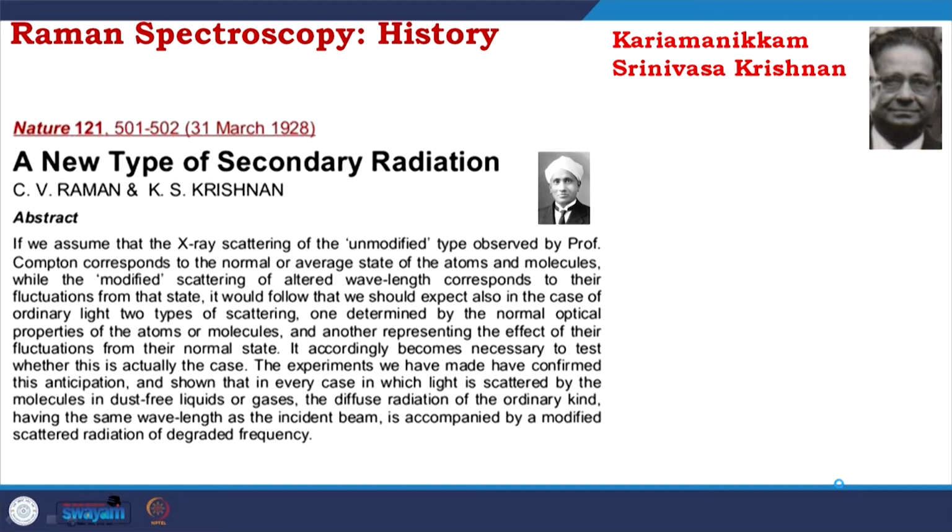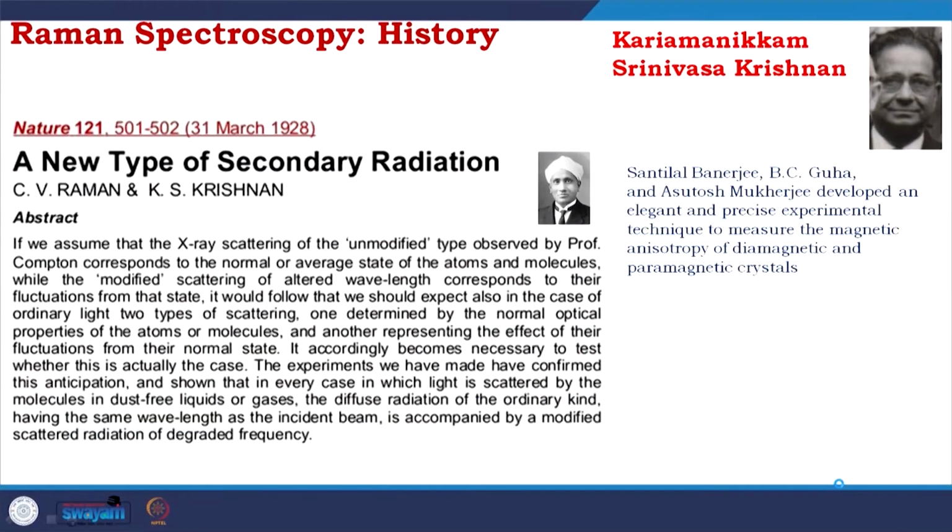Krishnan. Kariamanikkam Srinivasa Krishnan, he is a great physicist and we are majorly known him for his contribution to Raman spectroscopy, but even being a tragic hero who did not get a Nobel Prize, despite directly contributing to the invention, he was a postdoctoral worker, he further went to Dhaka University, he joined Santilal Banerjee, B.C. Guha and Ashutosh Mukherjee and developed an elegant and precise experimental technique to measure the magnetic anisotropy of diamagnetic and paramagnetic crystals.